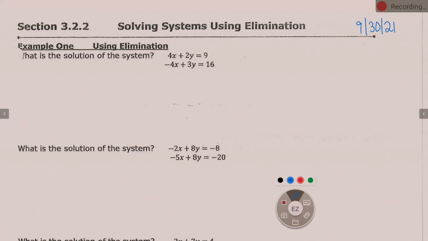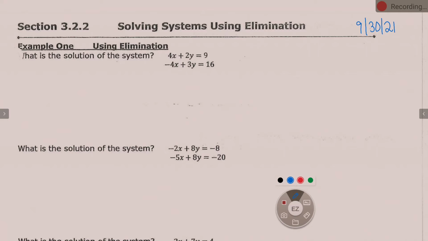Is there an easy, obvious one to solve for x or y here? No. As I look at that, I'm like, yuck, I don't want to solve either of those for x or y because I'm going to have fractions involved. So, good news is we're trying elimination today.